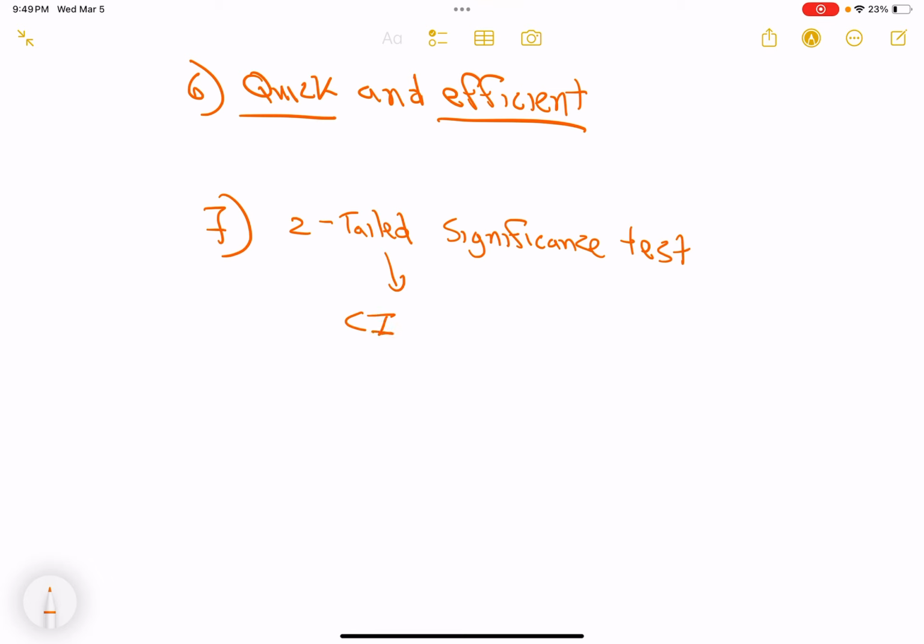For example, if the confidence interval is 95%, then it's equivalent to a two-tailed significance test at an alpha of 5%. So confidence level is equal to 1 minus whatever the alpha is if it's a two-tailed test for significance. Okay? So just be aware of that.